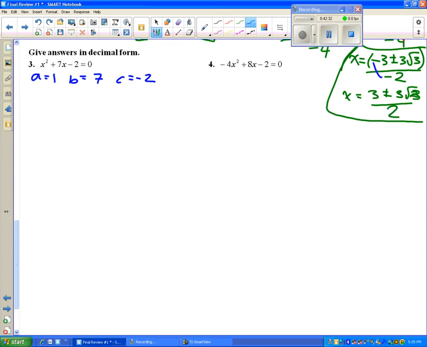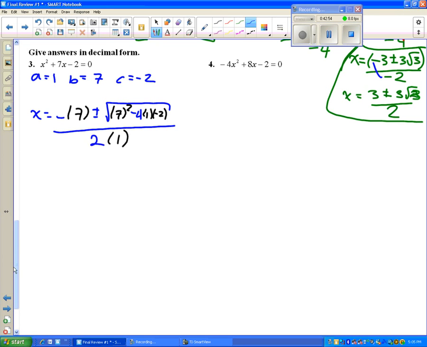So I'm going to have x is equal to negative B plus or minus the square root of B squared minus 4 times A times C all over 2 times A. So x is equal to negative 7 plus or minus the square root of 7 squared is 49.